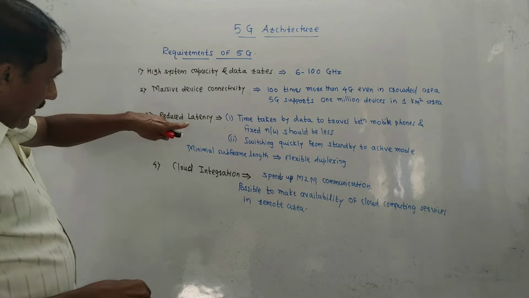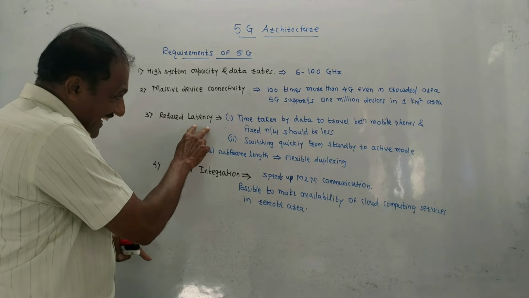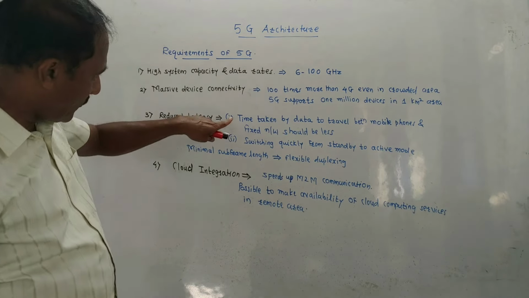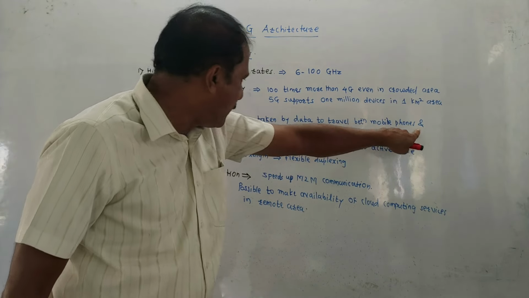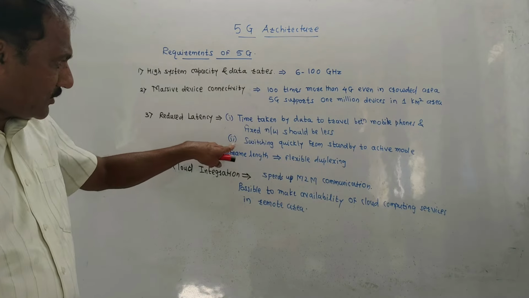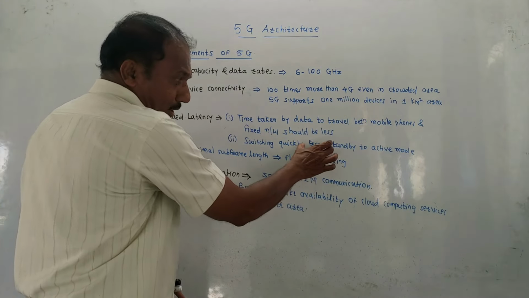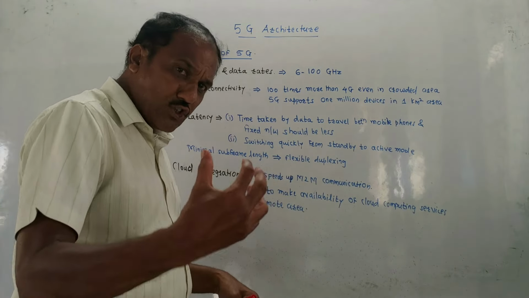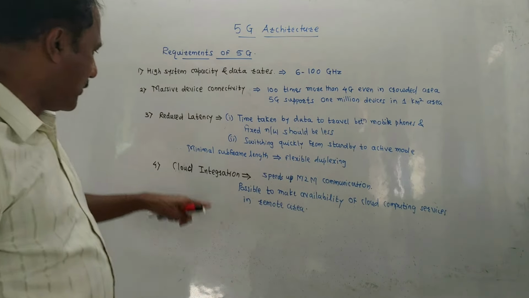There are two important parameters as far as the latency or time delay is concerned. First, the time taken by data to travel between mobile phones and fixed networks should be less. Second, switching quickly from standby to the active mode. The device should switch quickly from standby mode to the active mode so that the delay time will be reduced.